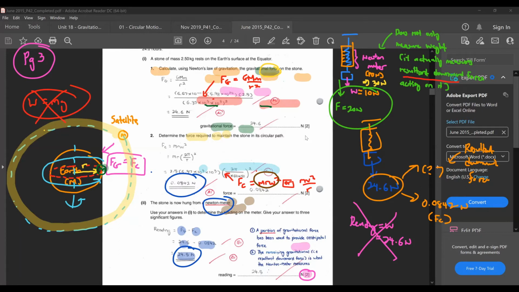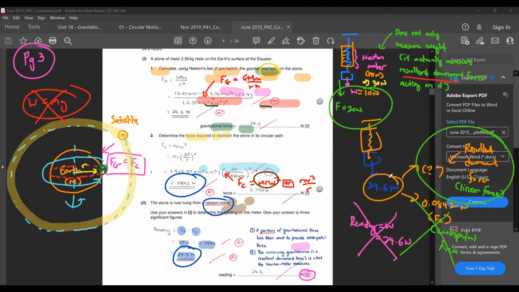If I were to think of it another way, this one is actually kind of like your linear force, no? But this one is centripetal force. Your Newton meter is measuring the linear force. It cannot measure the centripetal force.